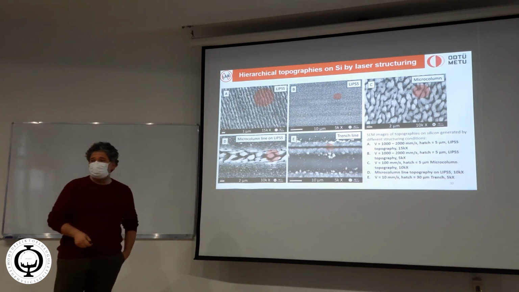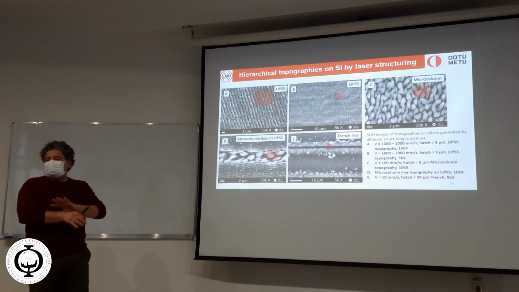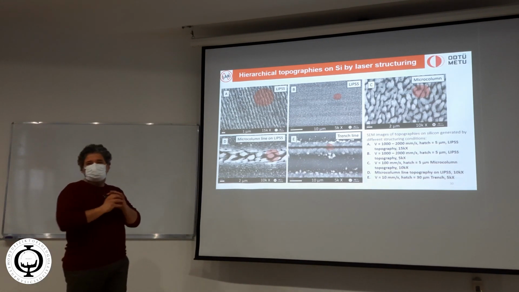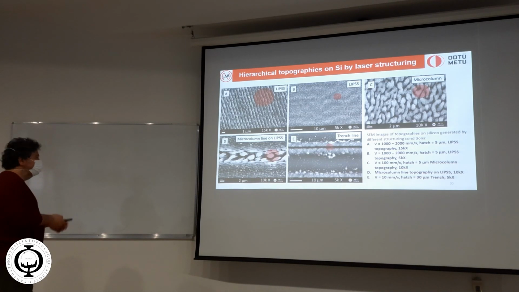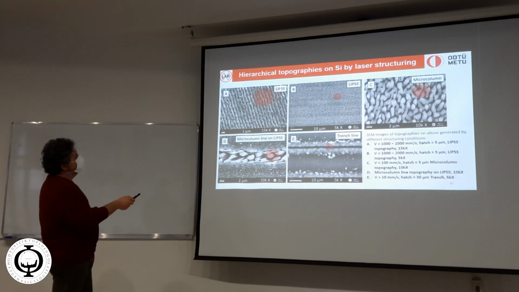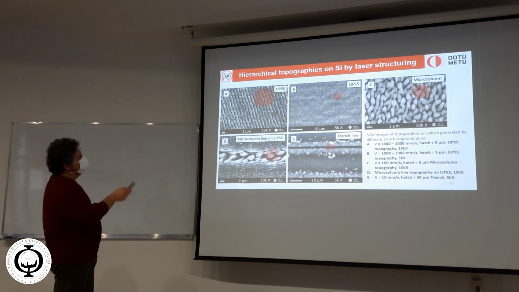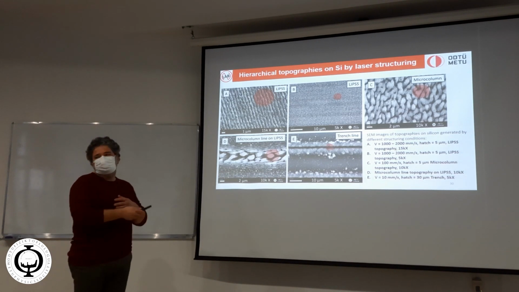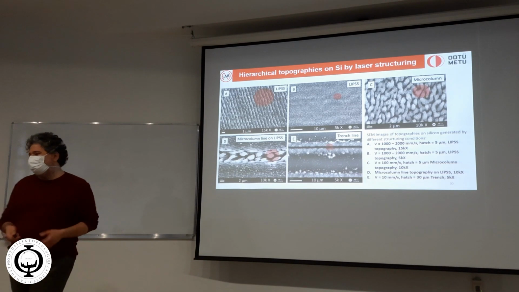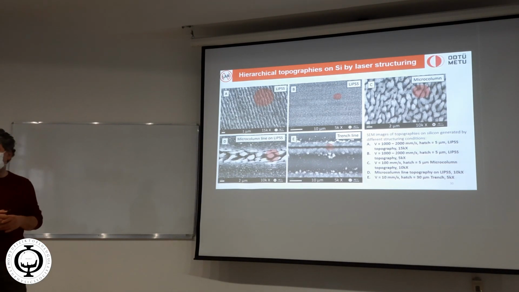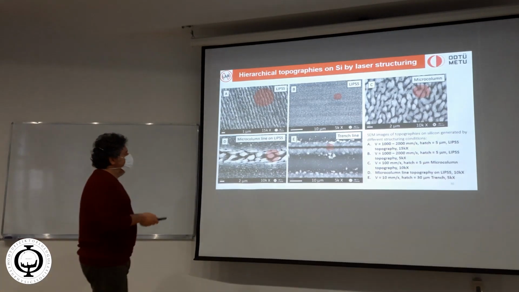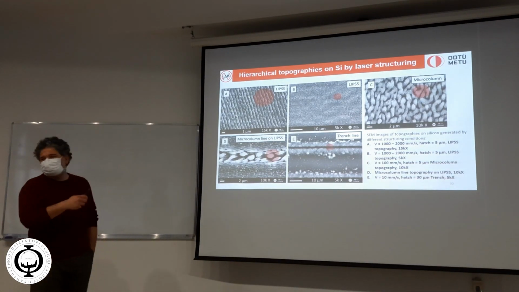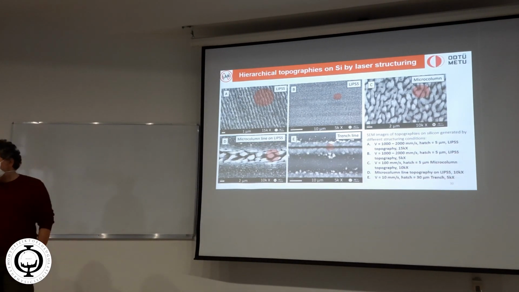So these lines organize themselves instantaneously when you send a pulse on the surface, all by themselves. Okay? This is called laser-induced periodic surface structuring. It's a very phenomenological name, just describing what happens, but it doesn't tell about the physical background behind it. We think that it's a highly nonlinear effect of multiple ingredients.